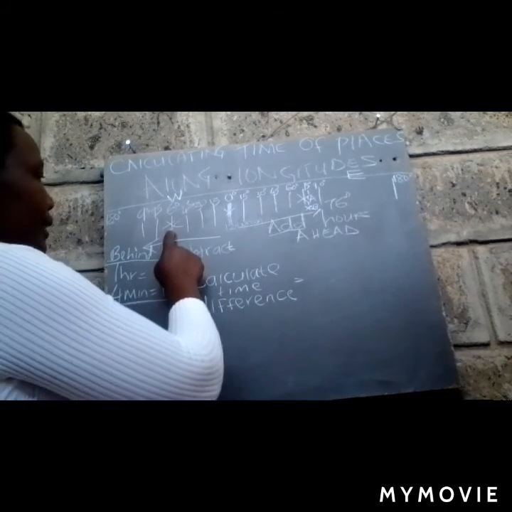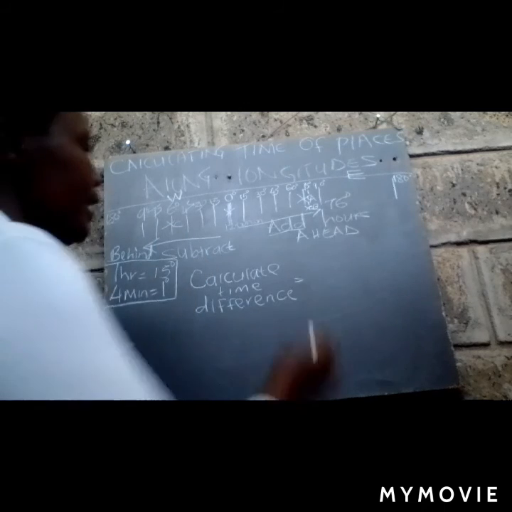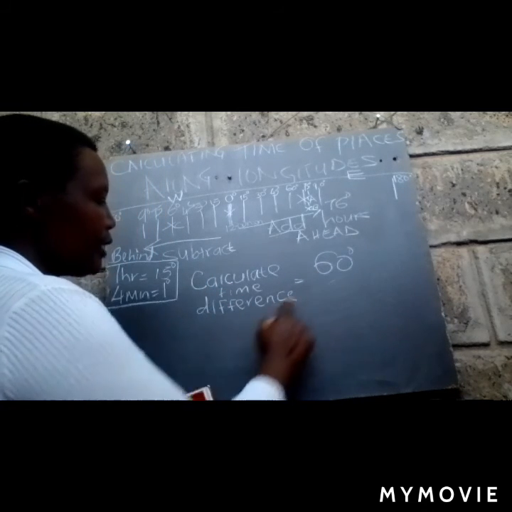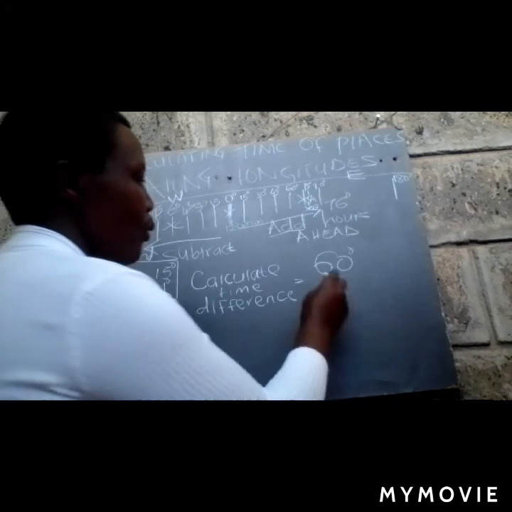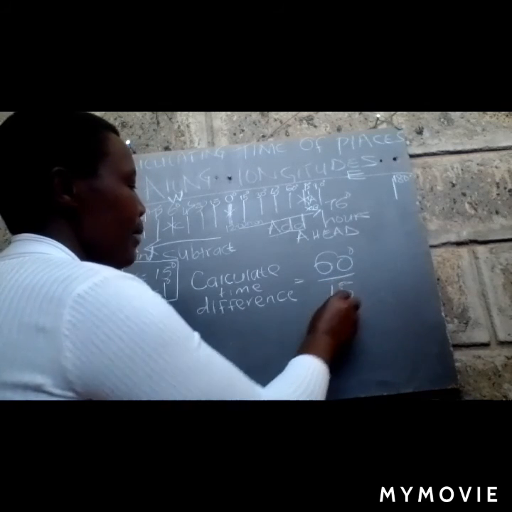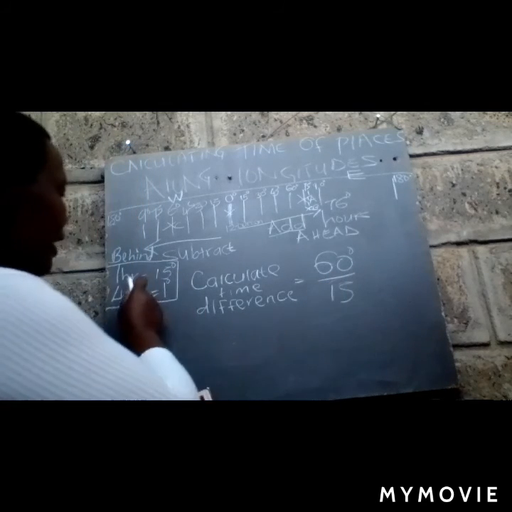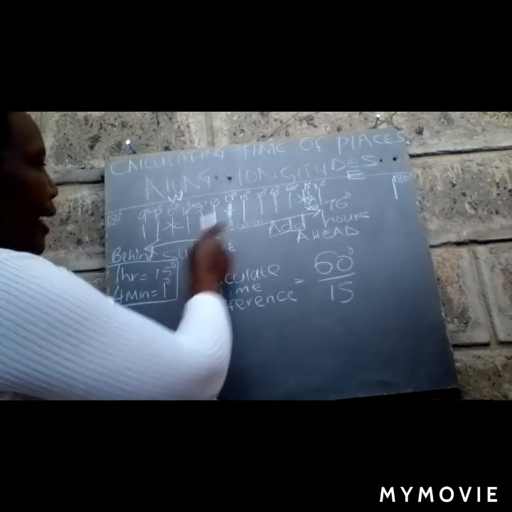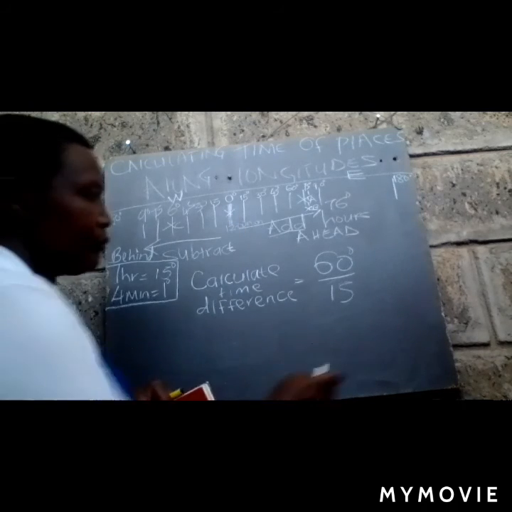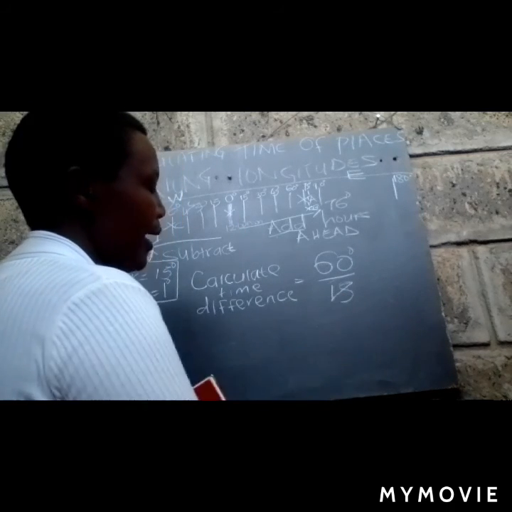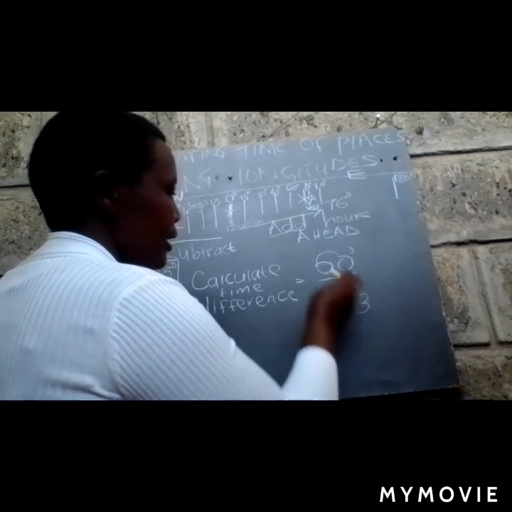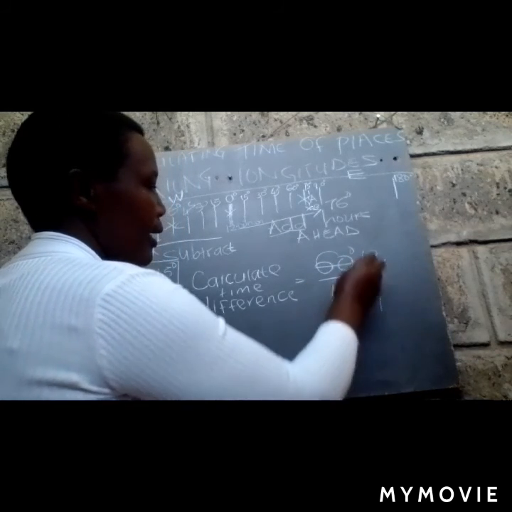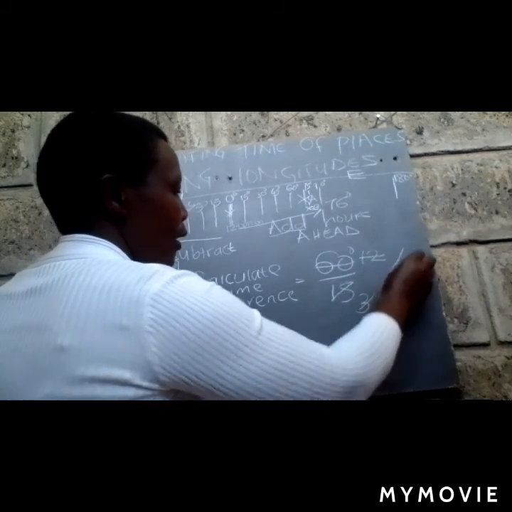So, our point C is at 60 degrees. We calculate the time difference. We divide by 15 to get the hours, since it is behind the prime meridian. 60 divided by 15 is 4.